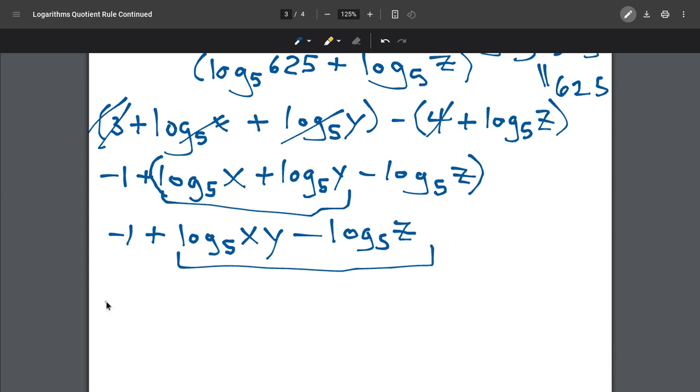So we could write this as negative 1 plus log base 5 of xy over z. So all equivalent forms here. Okay, one more. Let's try one more.